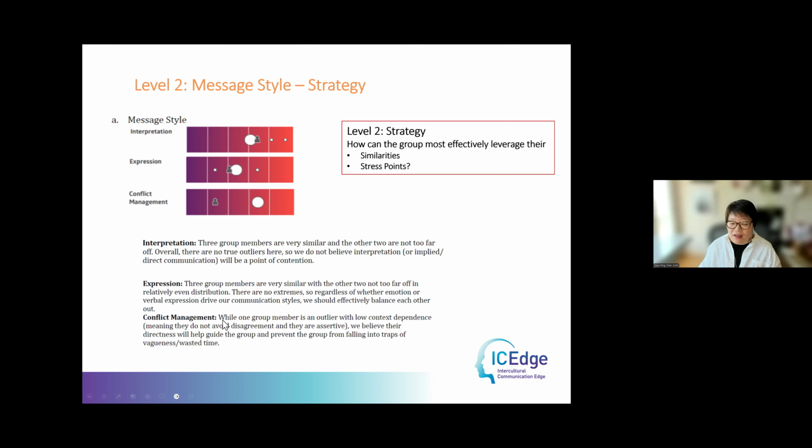So here, conflict management, while 1 group member is an outlier with low context dependence, meaning they do not avoid the disagreement and they are assertive. We believe their directness will help guide the group and prevent the group from falling into traps of vagueness and wasted time. See, this is how they see the difference.